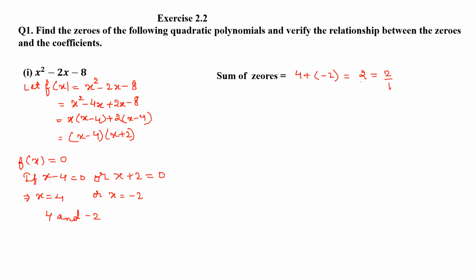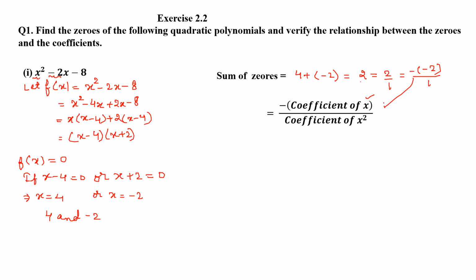And from here, this 2 by 1 is nothing but the minus of coefficient of x by coefficient of x square. Coefficient of x is minus 2 and coefficient of x square is 1. So this I can further write as minus of minus 2 by 1, right? So this is minus of coefficient of x by coefficient of x square.